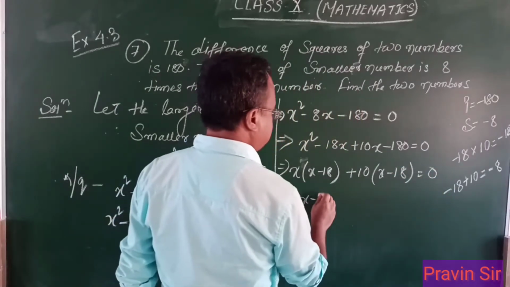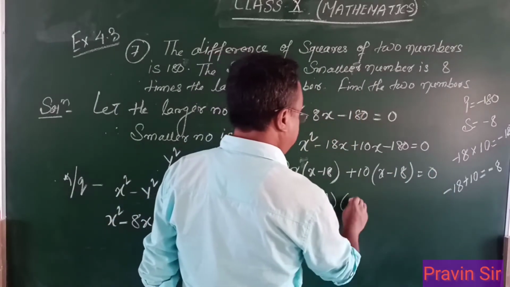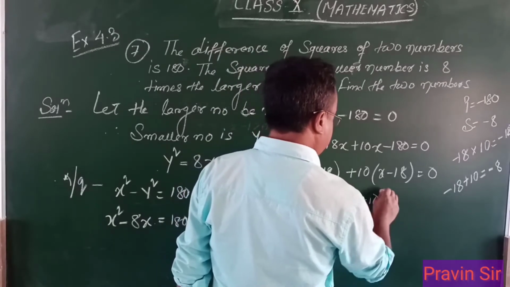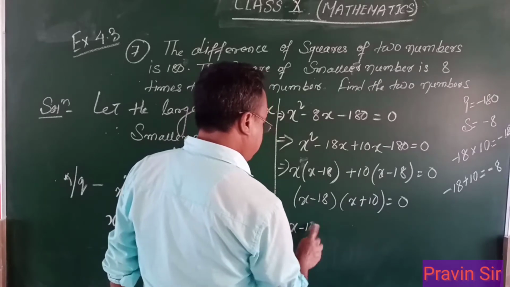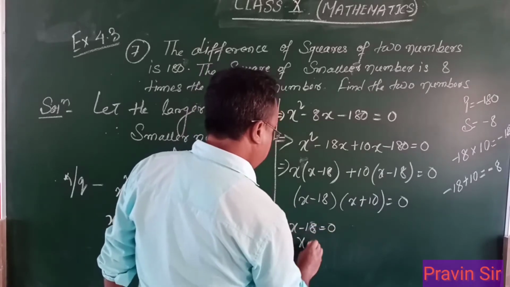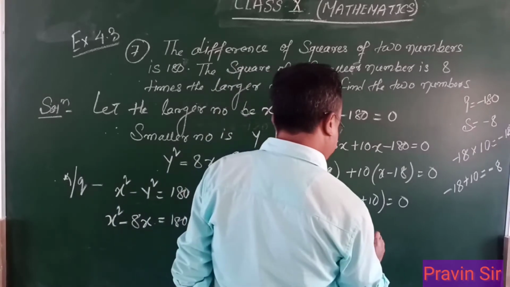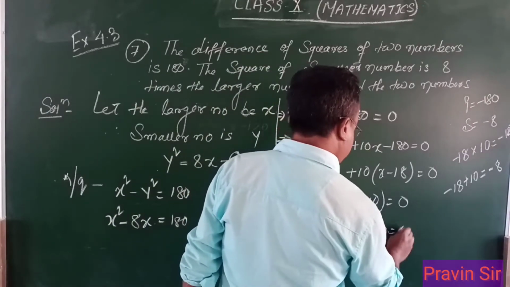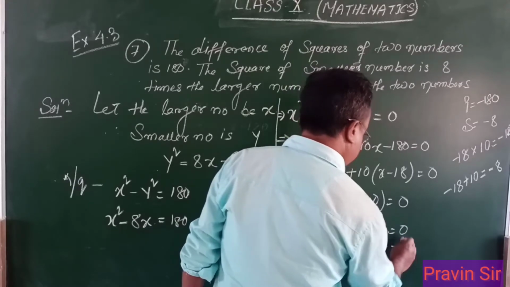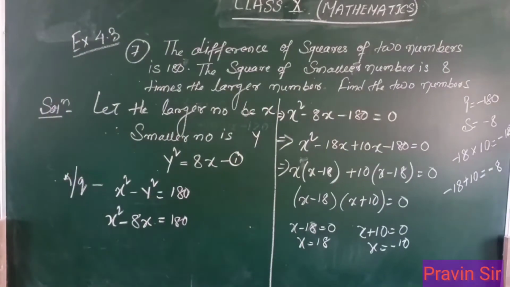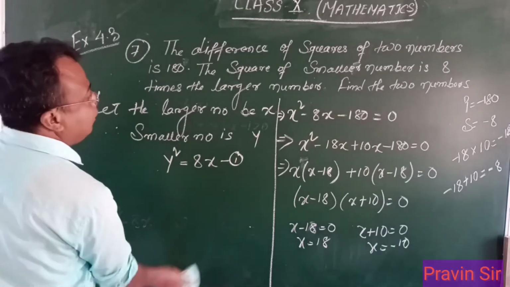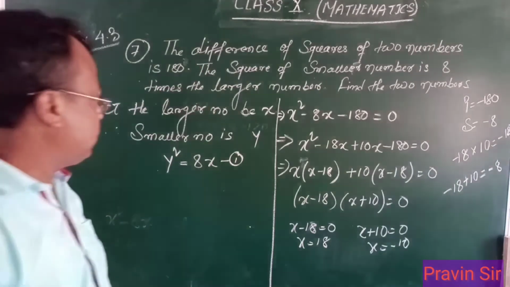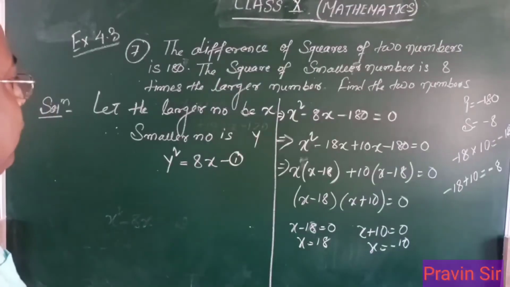So x minus 18 into x plus 10 is equal to 0. So x is equal to 18, and the other one, x plus 10 is equal to 0, means x is equal to minus 10. So the two values of x we got are 18 and minus 10. Actually we have to find the two numbers.